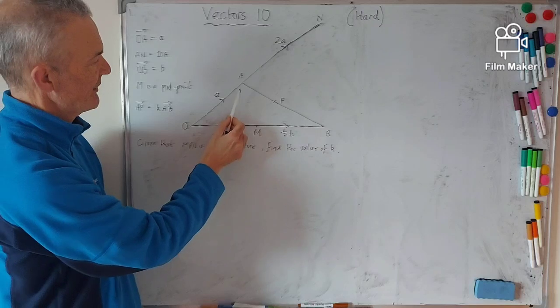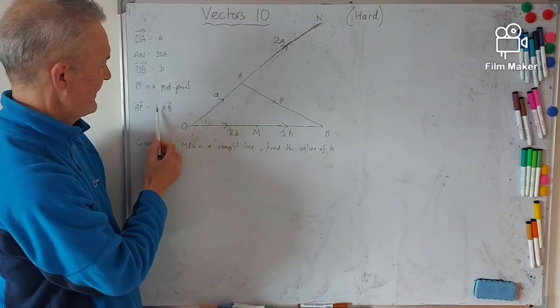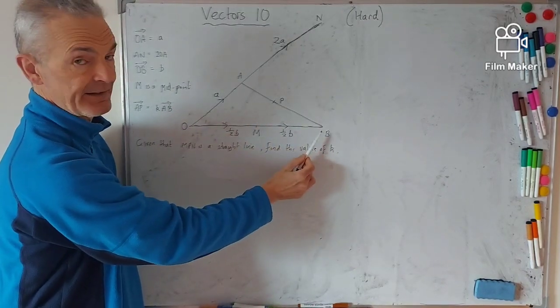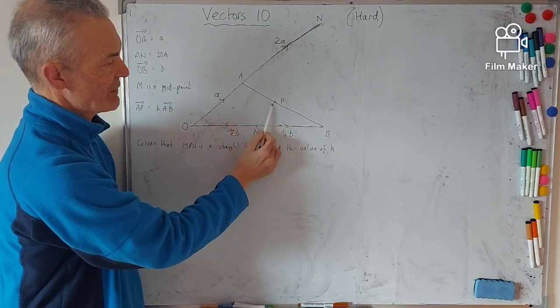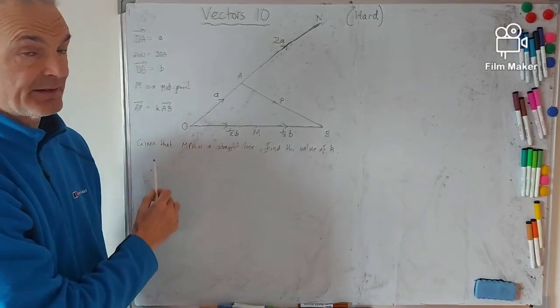So this vector here from A to P is a proportion of that vector AB. So K is that proportion, or that fraction of that whole vector. That's what that tells us.